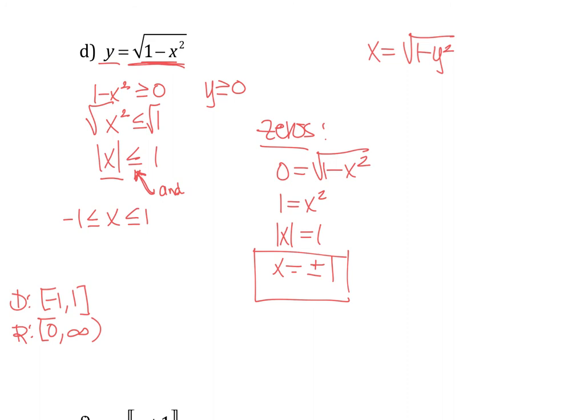Since we define domain to be input and range to be output, in this case my domain, in interval notation, would be my possible y values, which again is -1 to 1, but it's pertaining to y values here, and my range would still be 0 to infinity, but also now pertaining to x values.